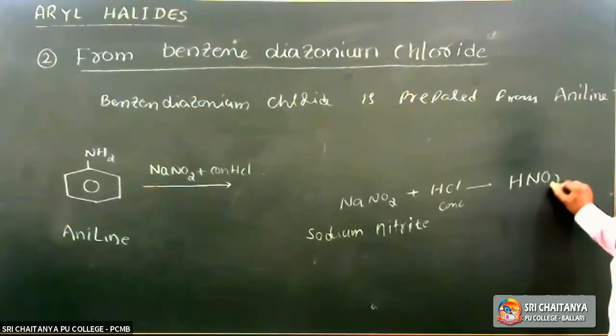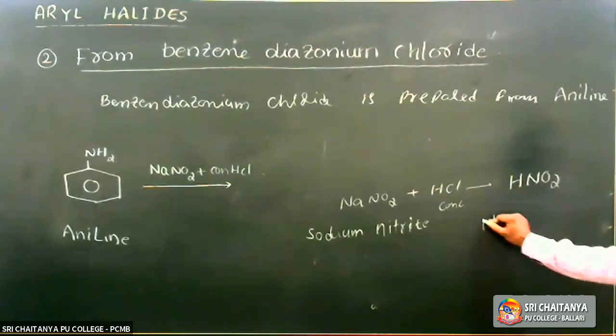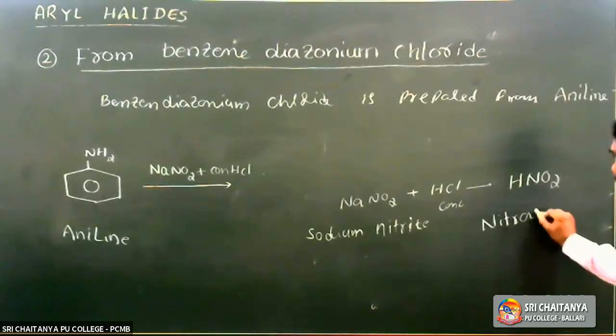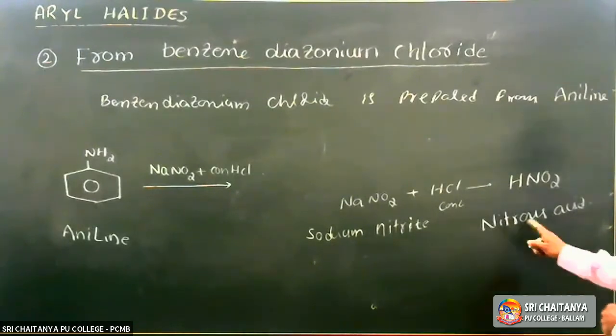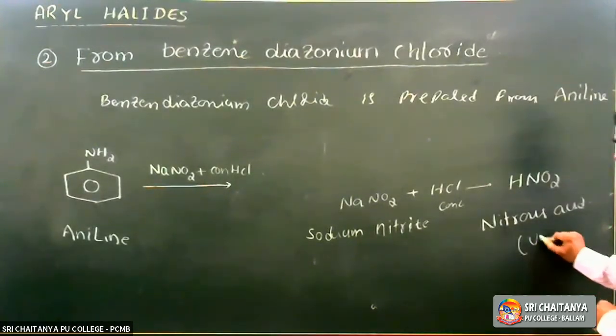Nitrous acid formula is HNO2. It is called nitrous acid, not nitric acid. Nitric acid formula is HNO3. Here nitrous acid is formed. It is unstable.